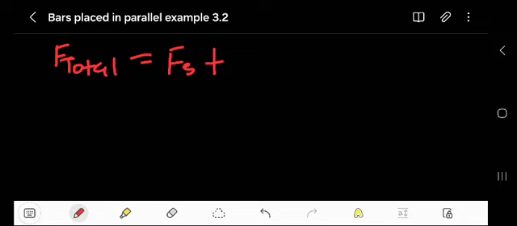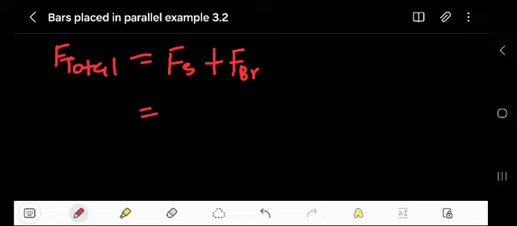Sorry about the pen, it's falling down and making some nonsense now. Okay, this will be F bronze, BR like this, I will say it's bronze.